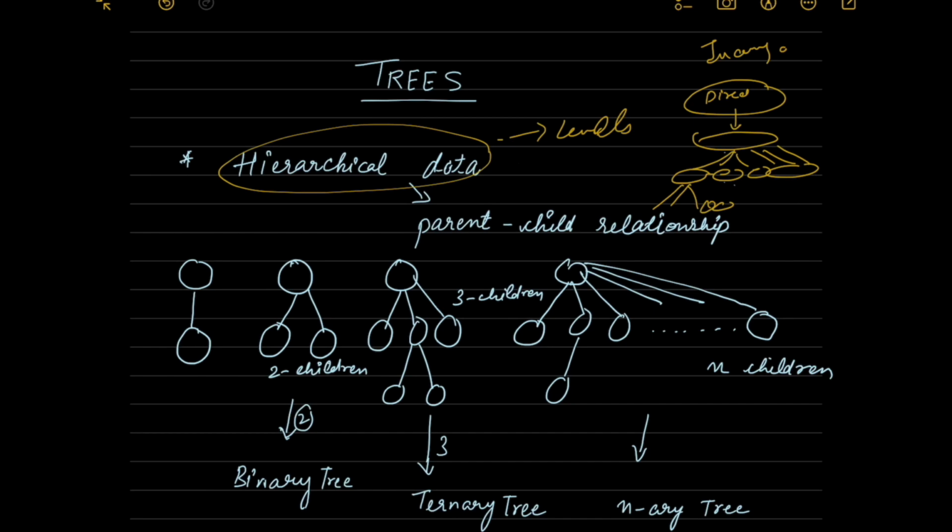So this is kind of hierarchical data in which we have a certain number of data points at a different level. Such kind of information cannot be stored in a normal linear data structure like arrays, stacks, queues. So we need a more complicated data structure for that, which is the trees.